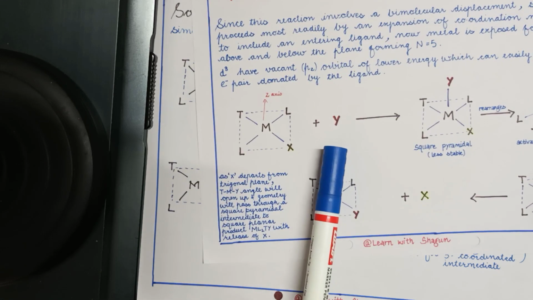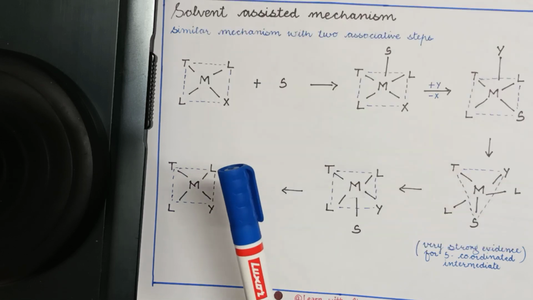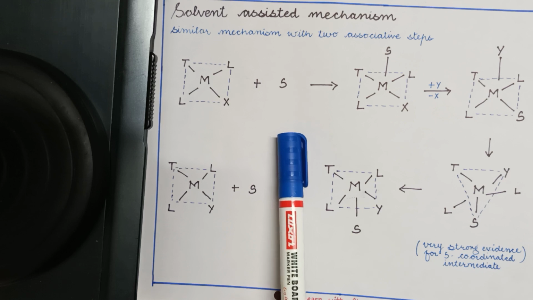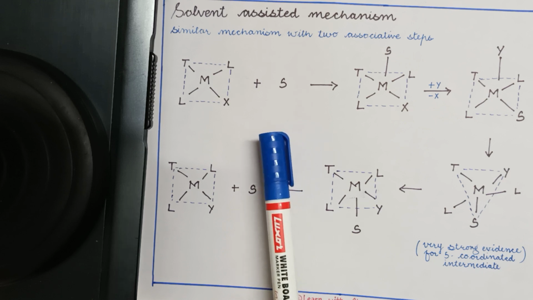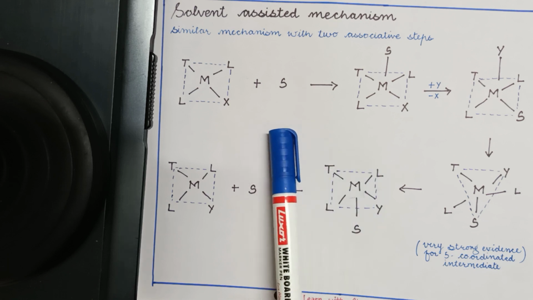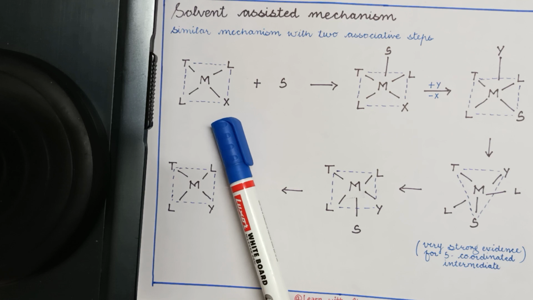Here in the first mechanism the substituent donated the electron pair into the vacant pz orbital and got attached to it. Now in this mechanism the substituent is not added on first, the solvent gets added on. The solvent gets added on to the square planar complex.